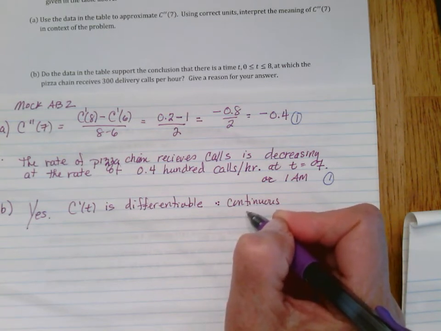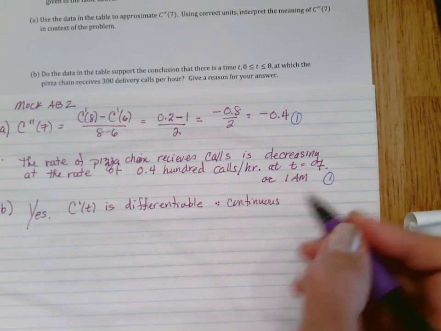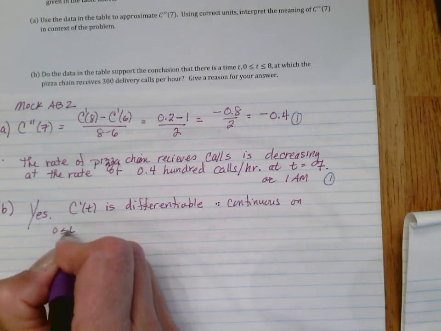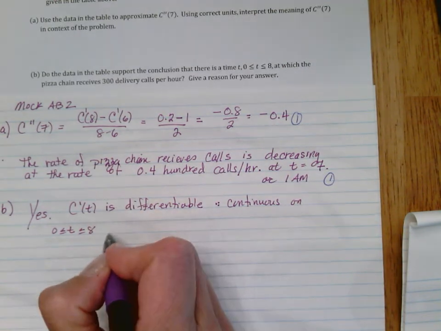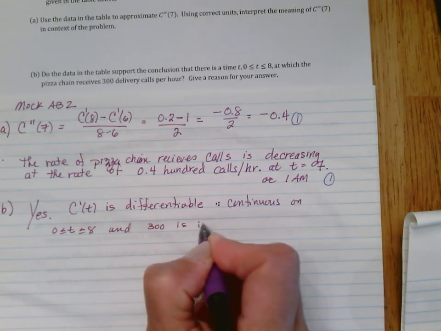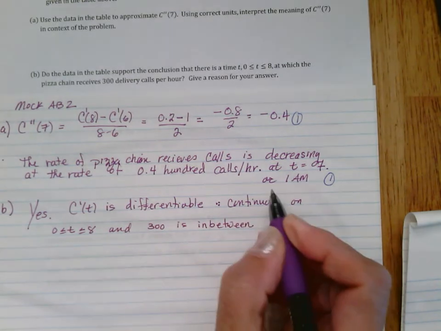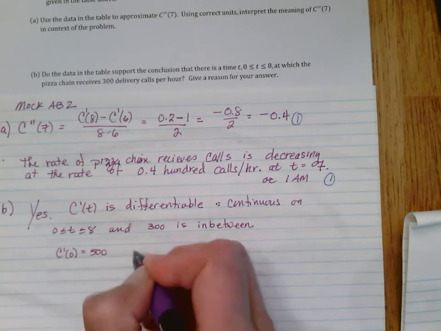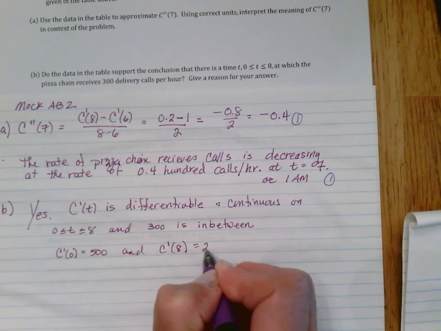But this one said it was differentiable, so that means it has to be continuous on the interval 0 to 8. And 300 is between c prime of 0, which is 500, and c prime of 8, which is 20.